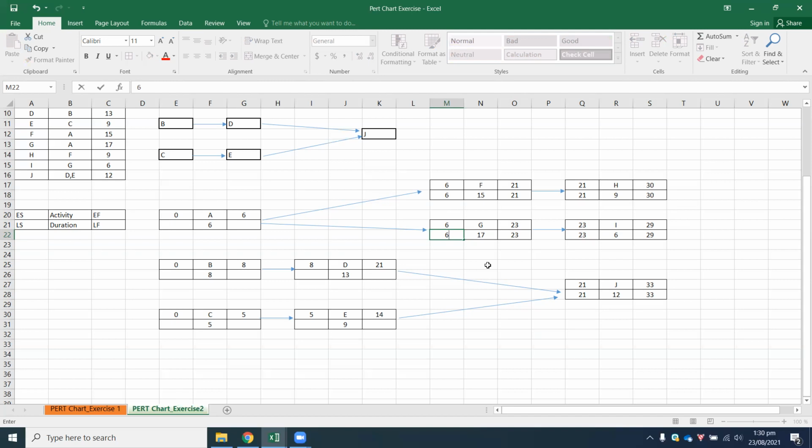It is dragged off to activity F, which becomes the late finish. So 21 minus 15 gives you a value of 6. Thereafter, it's 23 for activity G. So 23 minus 17 gives you a value of 6 again.